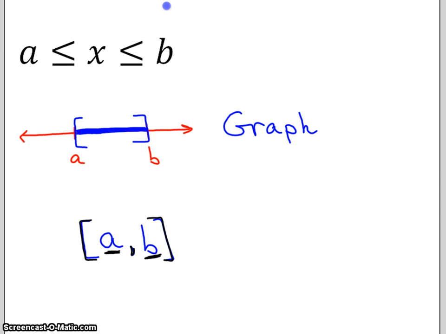The comma is like saying we want to go from A to B, separating our starting endpoint from our closing endpoint. So this is interval notation. If you ever see on a test that the answer should be expressed in interval notation, this is how they want you to write it.